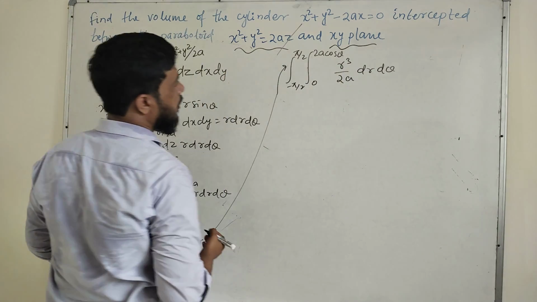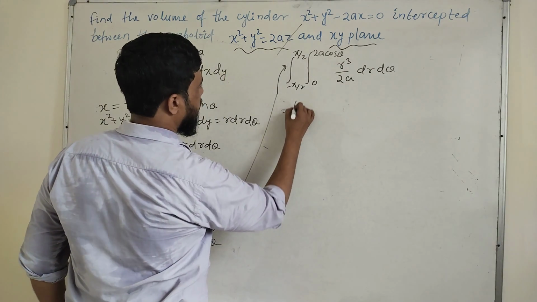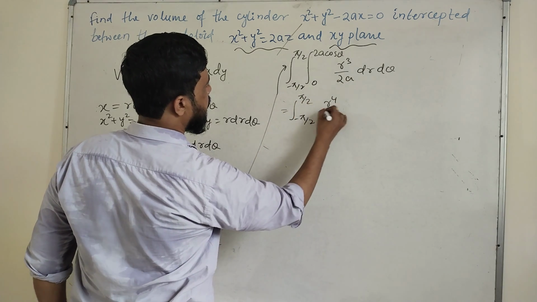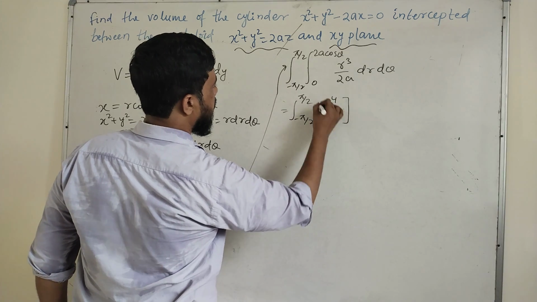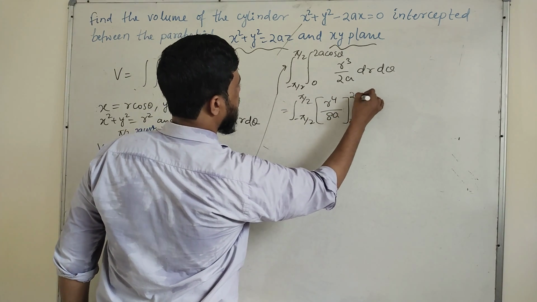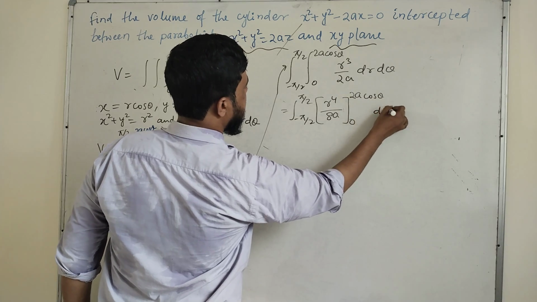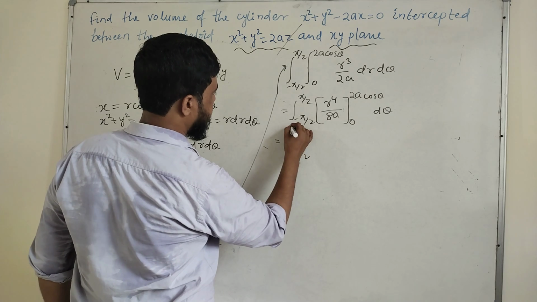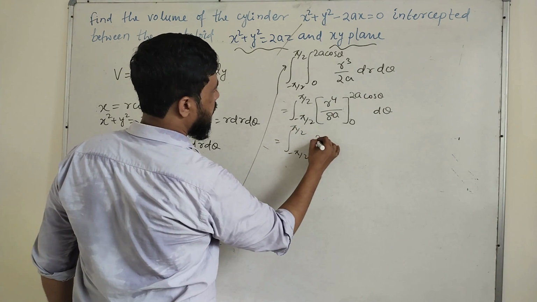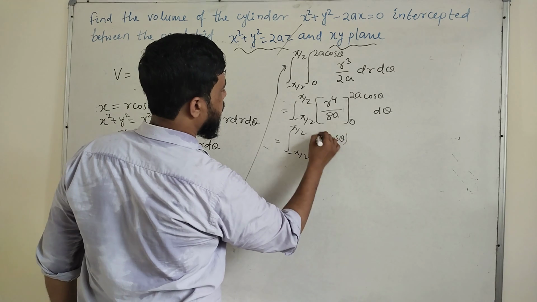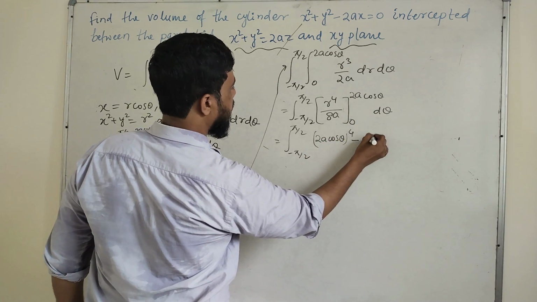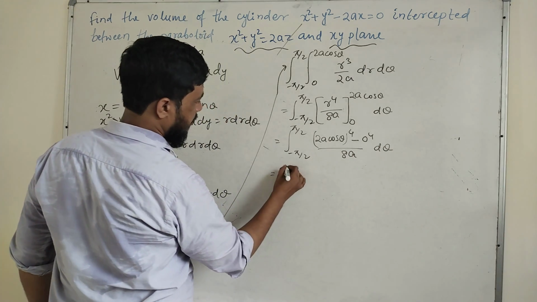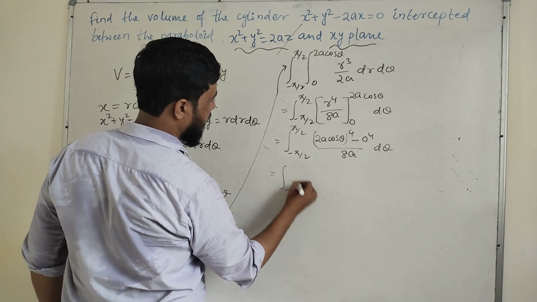Now integrate r cube with respect to dr, so we will get r to the power 4 by 4, and 4 into 2a is 8a, from 0 to 2a cos theta, d theta. Put upper limit 2a cos theta to the power 4 minus lower limit, divided by 8a d theta, from minus pi by 2 to pi by 2.